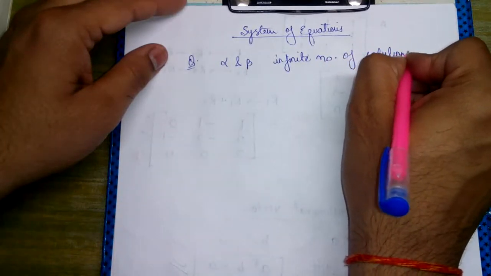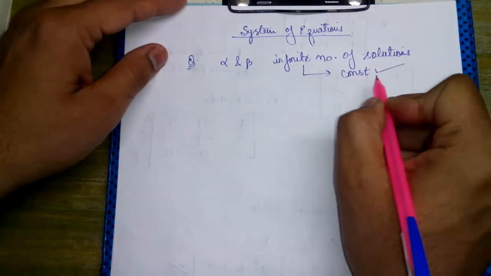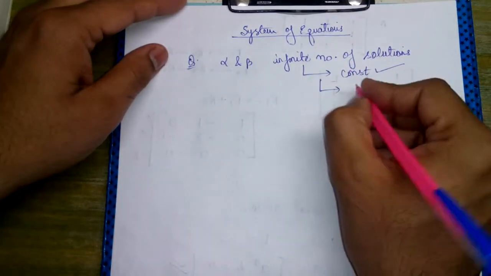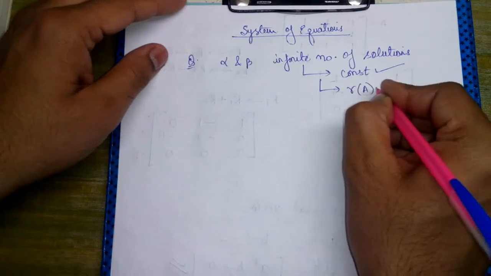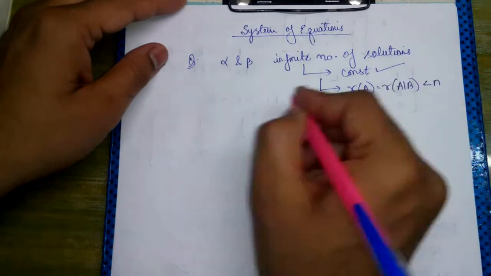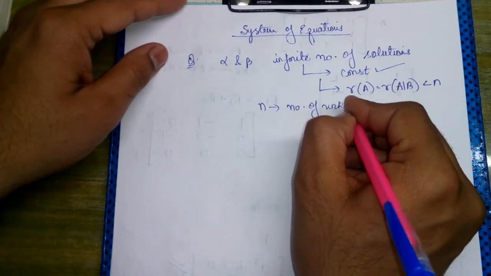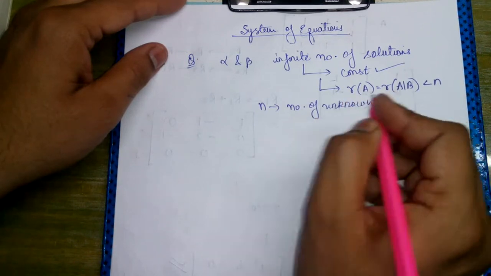Since it has infinite solutions, it is consistent first of all, and for infinite solutions we know the rank of A is equal to the rank of the augmented matrix, and it is less than n, where n is the number of unknowns.